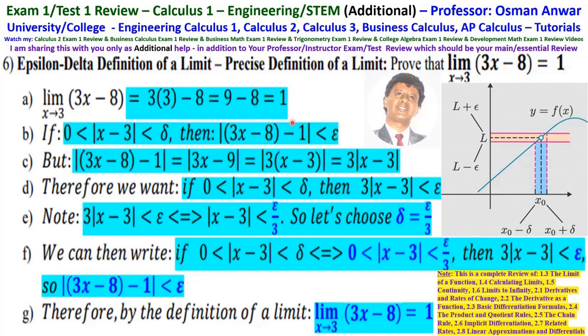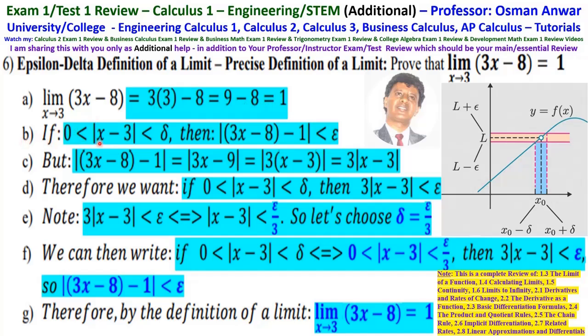So to prove using the epsilon delta definition of a limit, first, find the limit as x approaches 3 of 3x minus 8, which is 3 times 3 minus 8, which is 9 minus 8 equals 1.